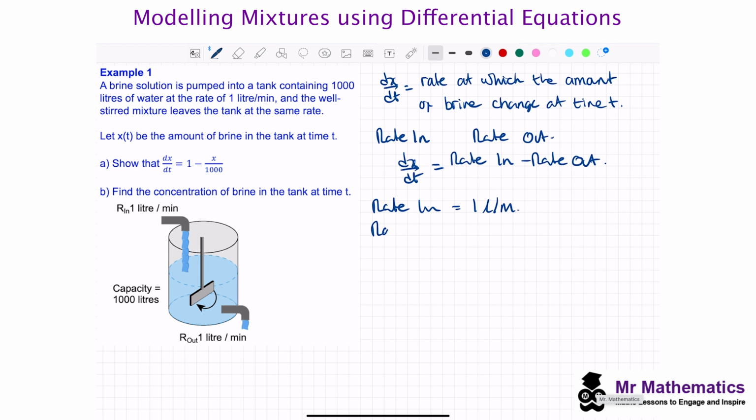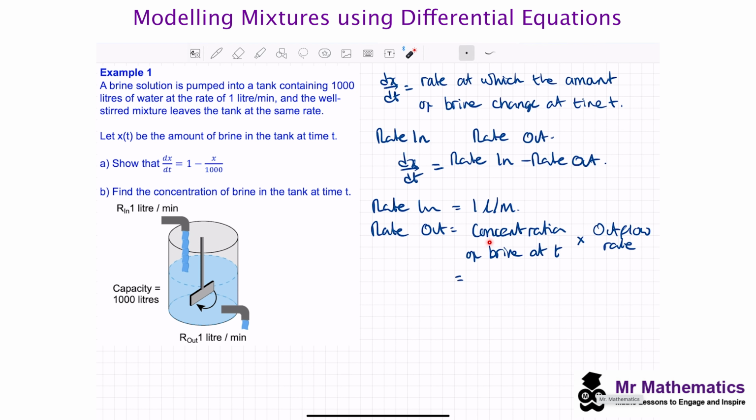Now the rate out will be the concentration of the brine in the tank at time t multiplied by the rate at which it is leaving, or the outflow rate. The concentration of brine at time t: we know there's x amount at any given time, and we know that it's leaving at the same rate as entering, so the amount of liquid won't change overall, and this is given as 1000.